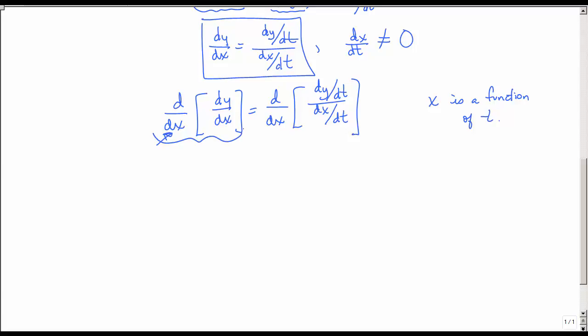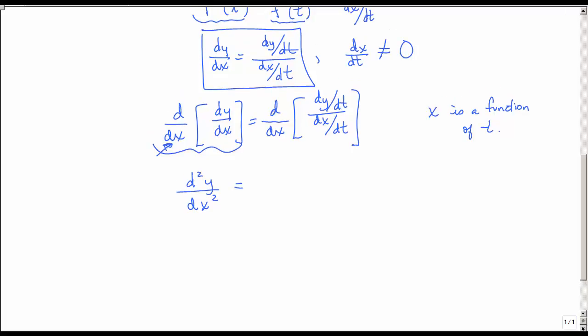So let's see if you remember how to write that. Remember the second derivative we learned in Cal 1 can be written like that. Over here on the other side, well, what can I do algebraically? I can do just a little bit of rearranging. I'm going to take these dt's and bring them outside the bracket and rewrite it like this.